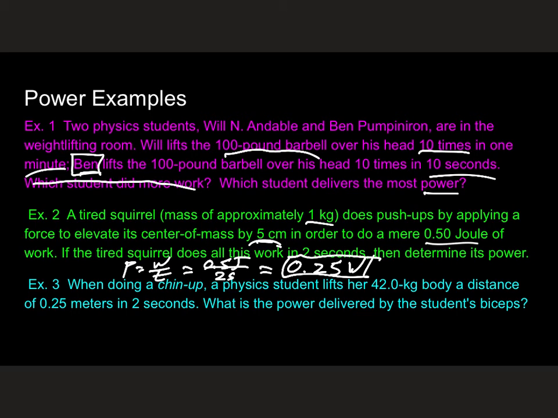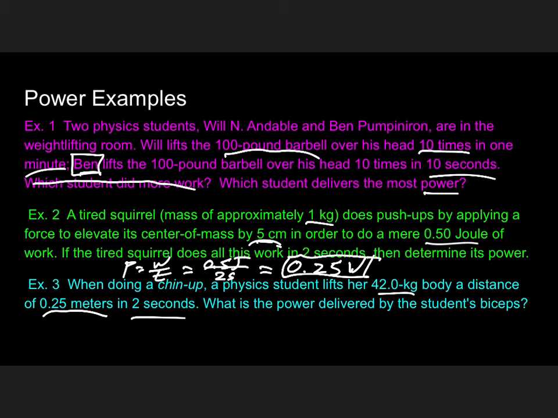Okay. Number 3, when doing a chin-up, a physics student lifts her 42-kilogram body a distance of 0.25 meters in 2 seconds. What is the power delivered by the student's biceps? Well, there's a problem here. They just give you a mass, a distance, and a time.